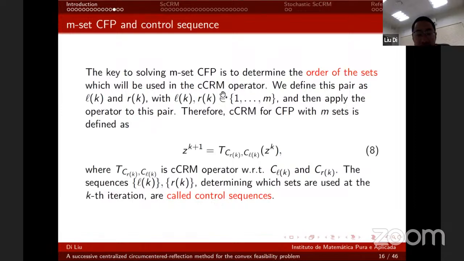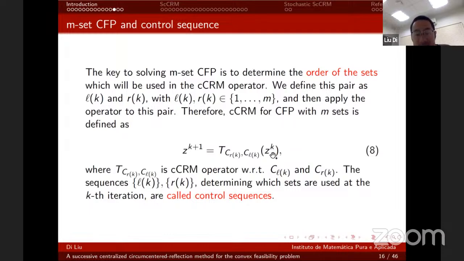Okay, so the key point is the order of the sites. We need to decide the order of the sites which will be used in the iteration. So we define L_k and R_k, a pair where L_k and R_k are numbers from 1 to M, and M is the number of sites, and we apply these pairs to the operators. Then we can define the CCRM for the M-set feasibility problem in this way.